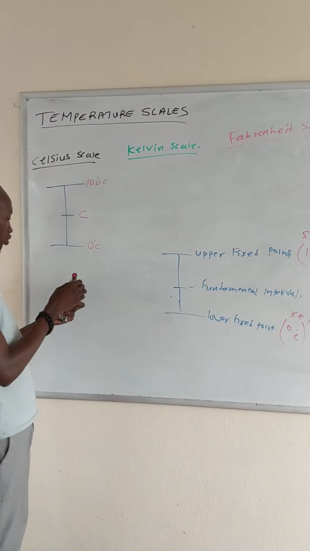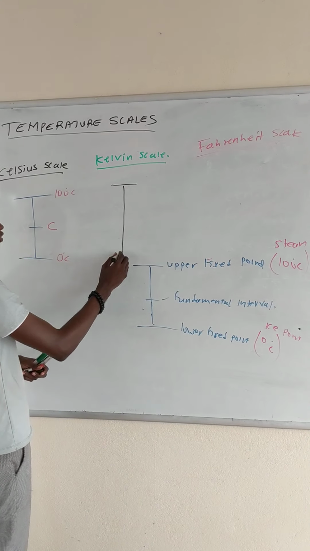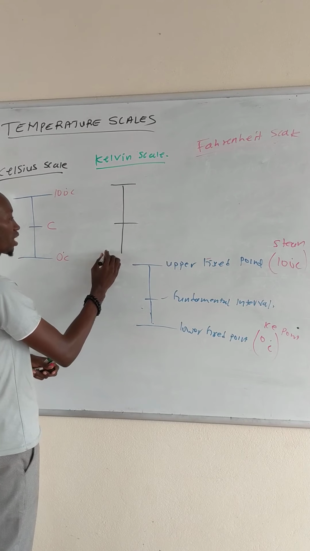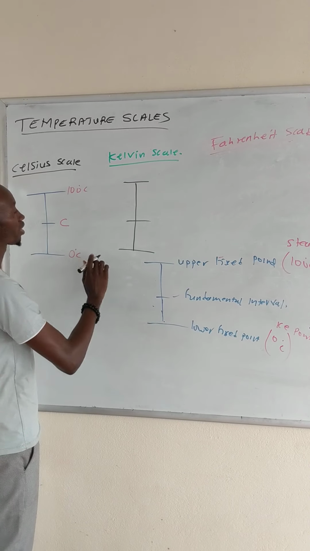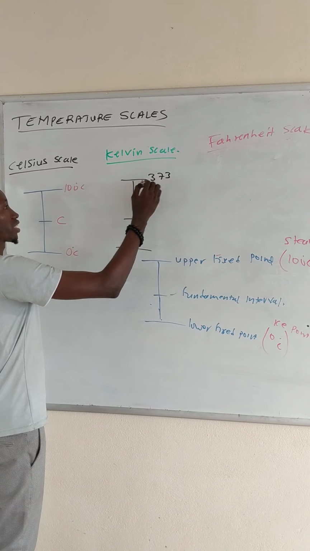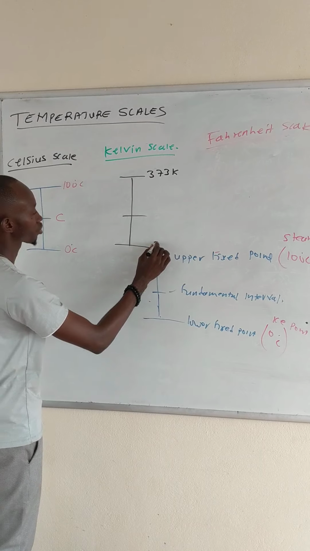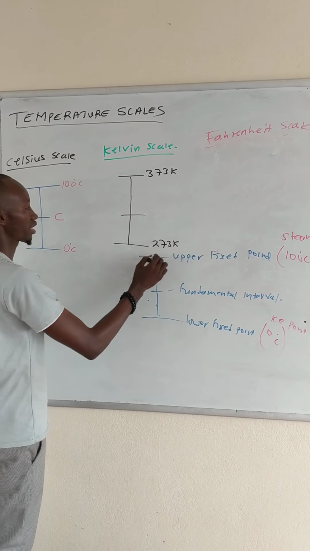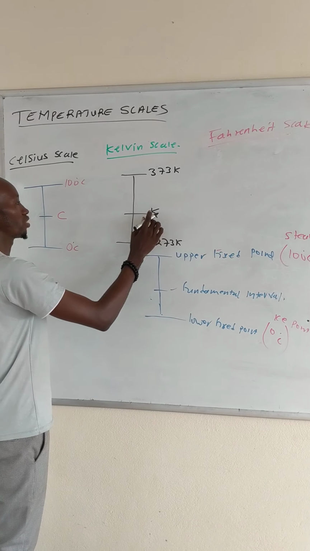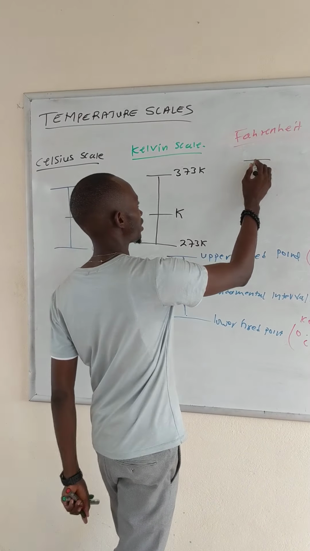We move again to the Kelvin scale. We have to know those fundamental values. For the Kelvin scale, the top value is 373 Kelvin and the lower value is 273 Kelvin. Since we are looking for the Kelvin scale, we write K. Furthermore, we go to the Fahrenheit scale.